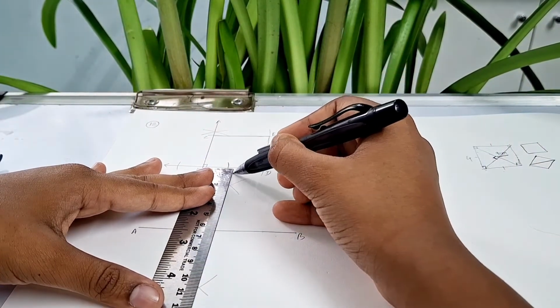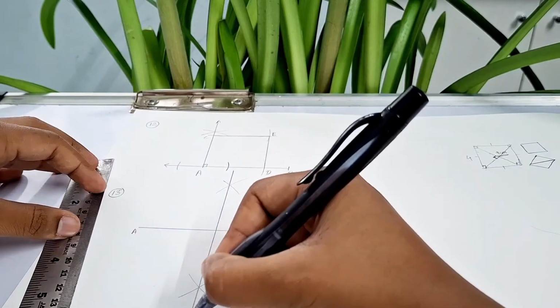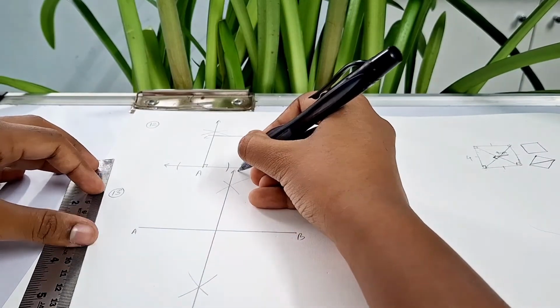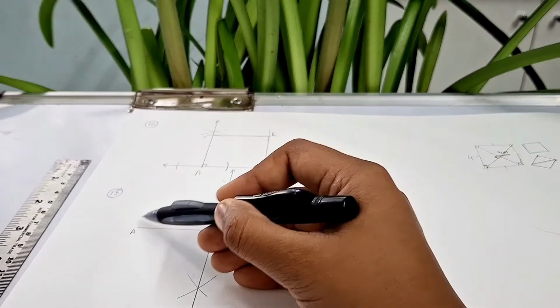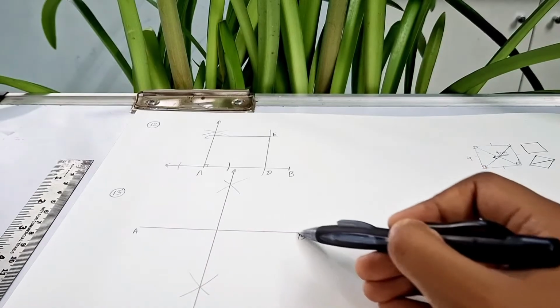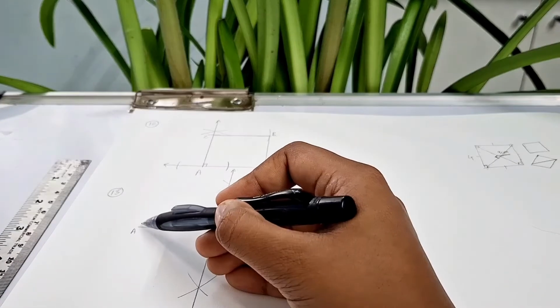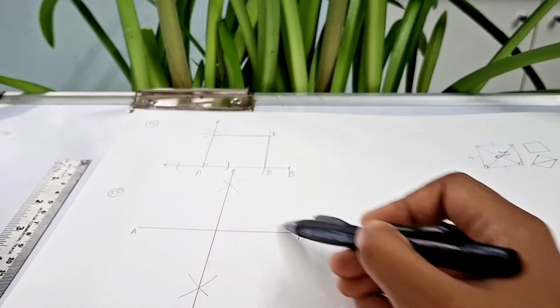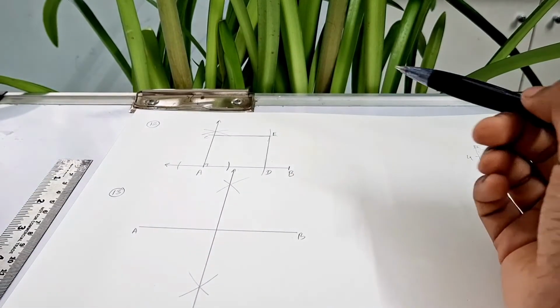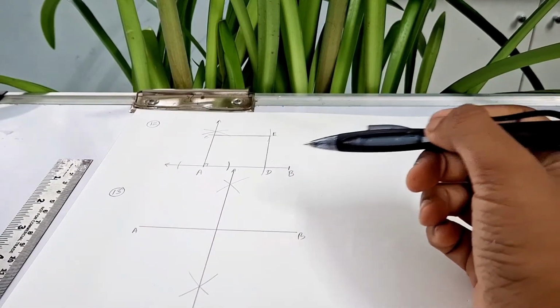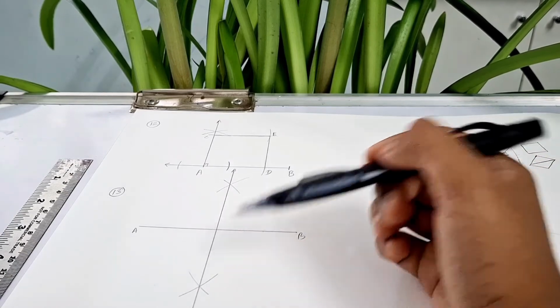Join the points. Now my square is going to look like this. So all these 4 sides are going to be equal, but they have not given us the sides. So I will take the help of this diagonal only.